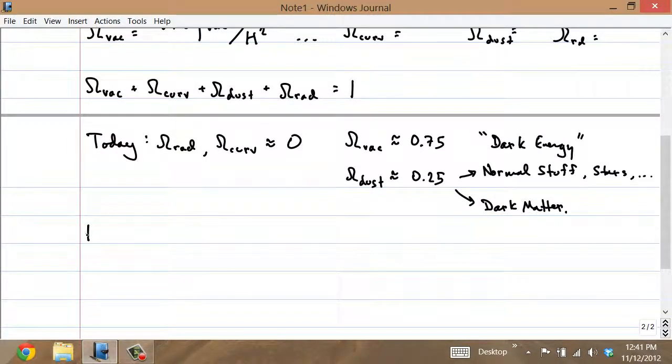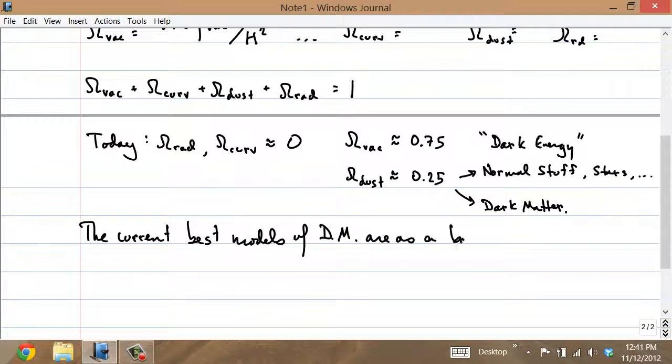And currently, the best models of dark matter are as a bath of fundamental particles which interact very weakly with all of the normal matter that we see around us.